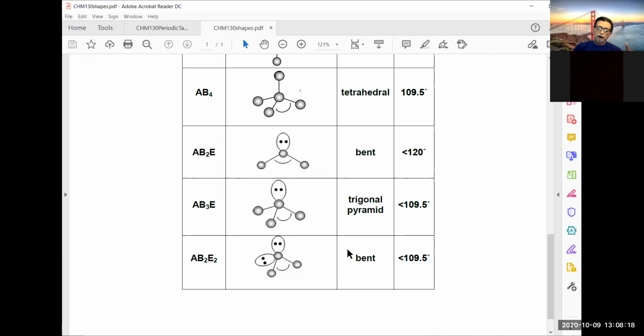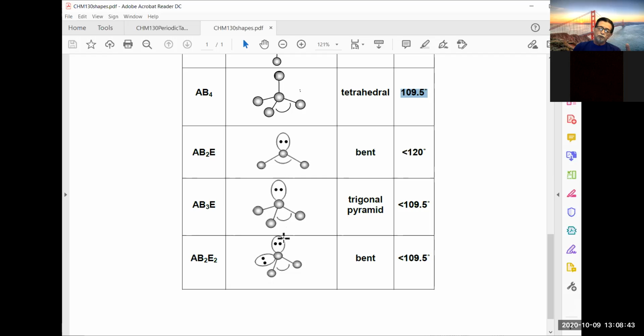So normally our reference point is the tetrahedral shape up here, and that is when the central atom is bonded with 4 atoms around it. That is the optimum, which is what we find a lot out in nature, the optimum bond angle between whatever is bonded to the central atom, and that is 109.5.